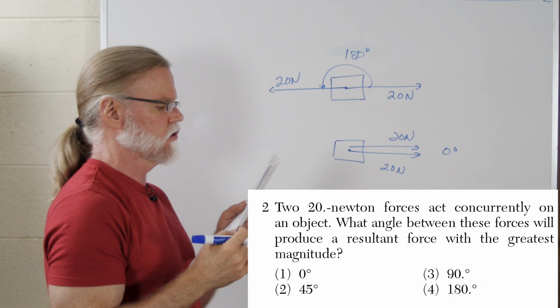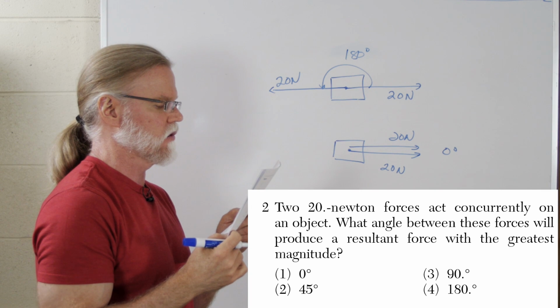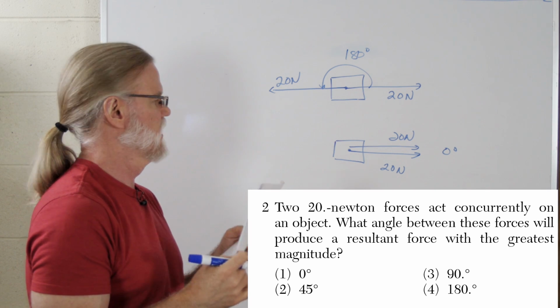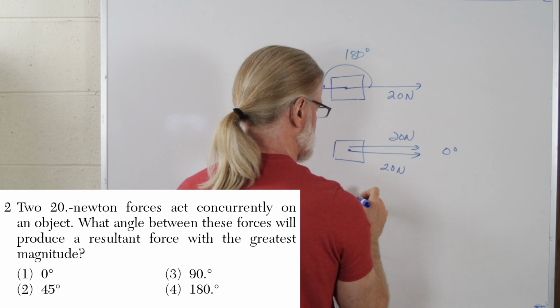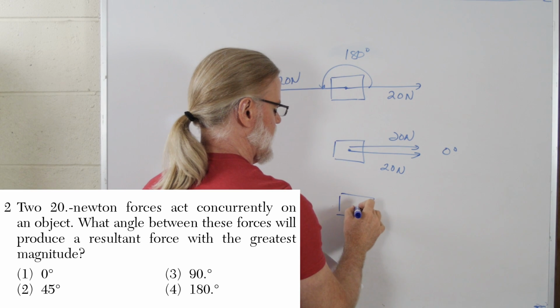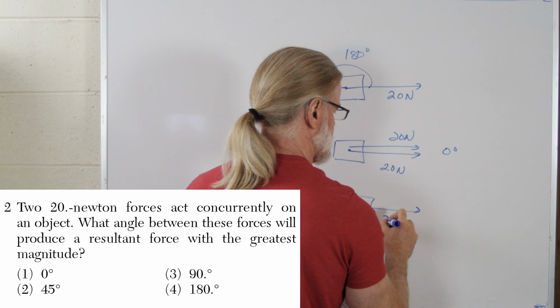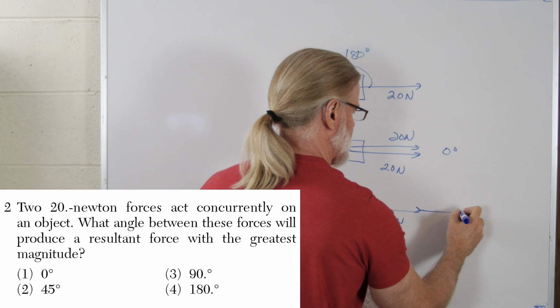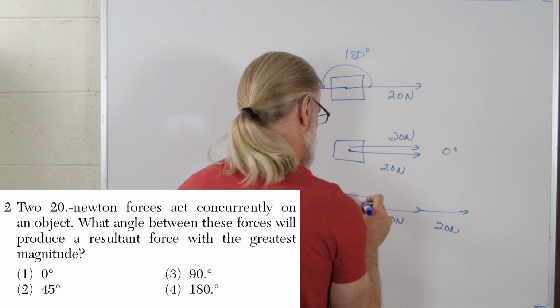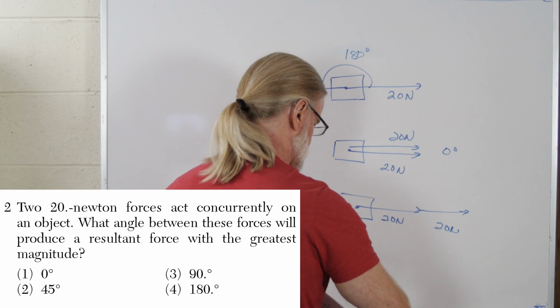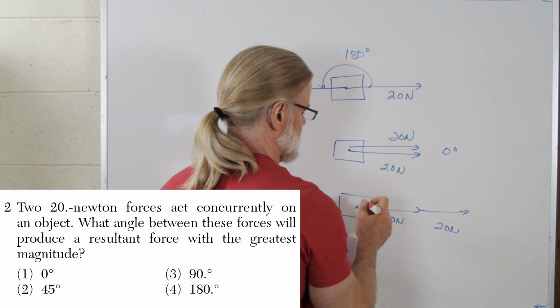So which one is going to give the greatest resultant force? I would say this way, when these are going to add up like this. I could redraw this, I could add those up. We have a 20 Newton, and I could add that to a 20 Newton using the tip-to-tail method, and those add up to a resultant that looks like this.